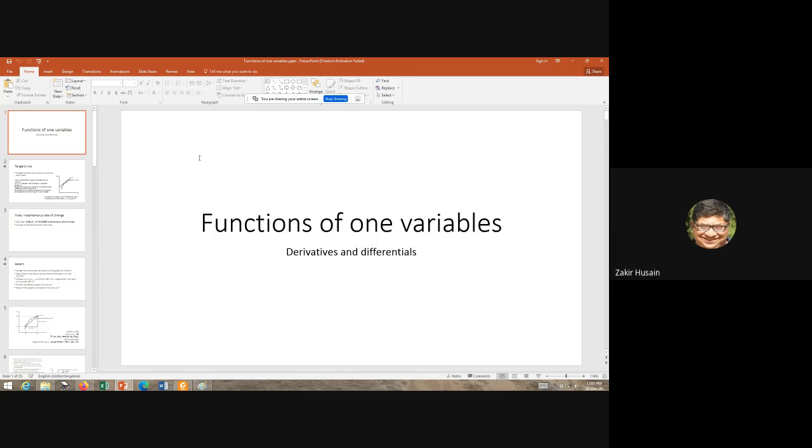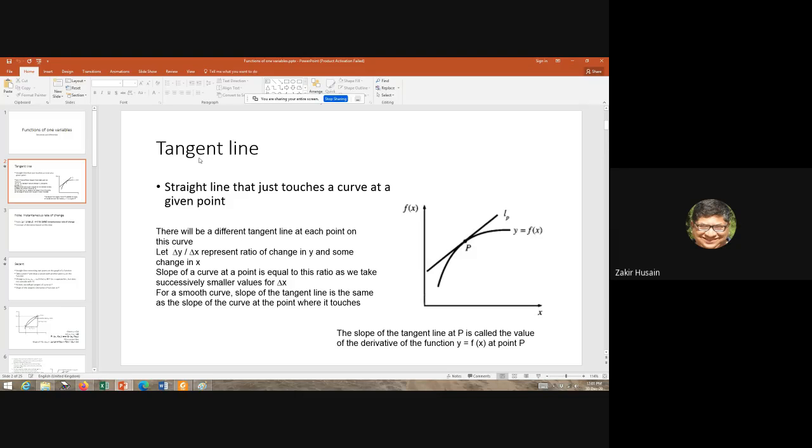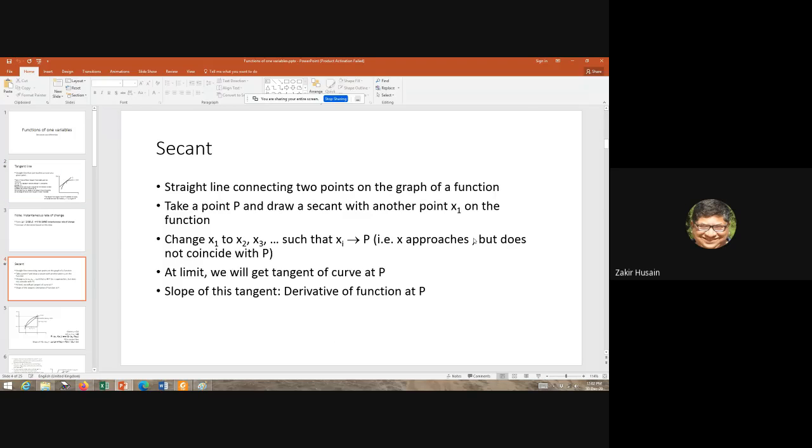So I was looking at the definition of derivatives and differentials. I started by saying that if we have a function, we can find the tangent, and the slope of the function at point t is equal to the slope of the tangent, and it is given by dy/dx.